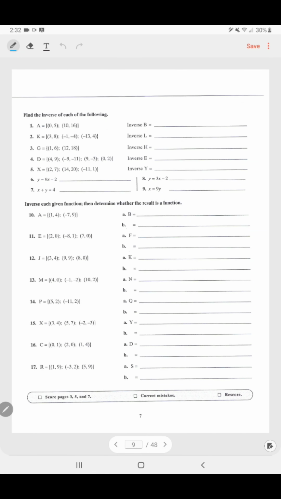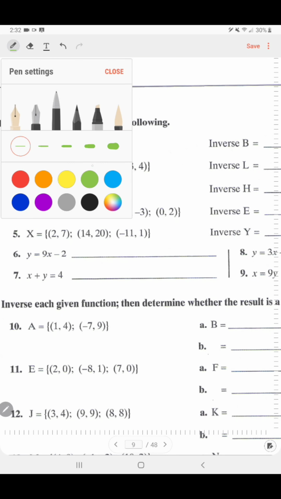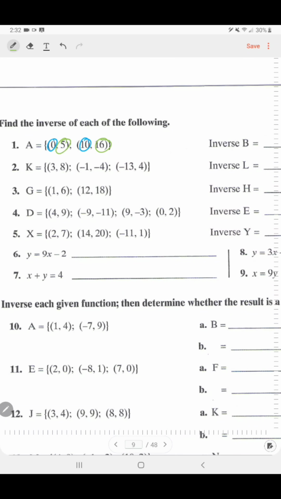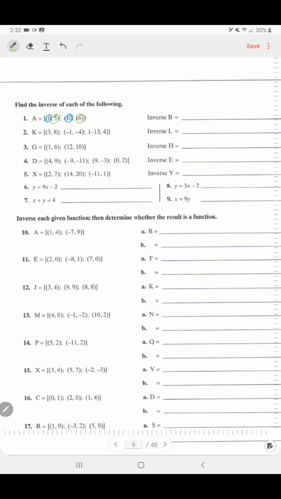Okay, so here they just want you to flip the values. So X's and Y's. So inverse of B, because it goes A, B. So instead of 0, 5, I'm going to have 5, 0. And then instead of 10, 16, I'm going to have 16, 10.